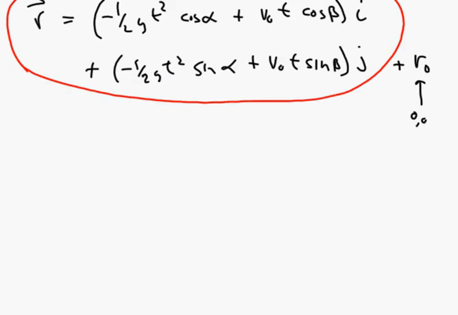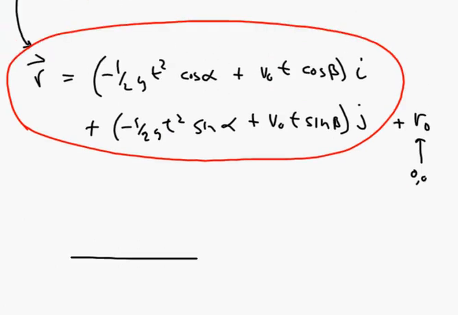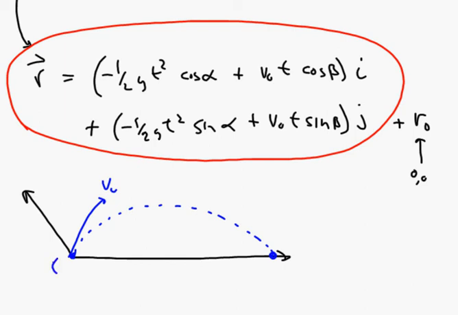If this object is going to fly through the air, here's v0, and it's going to go like this, hit the ground again somewhere, then I know that there's a time t equals 0 where this thing is starting on the ground, and there's some time over here where it hits the ground again. Well, it's going to hit the ground again when the j component, this thing, equals 0. So we're going to solve for that thing equal to 0.